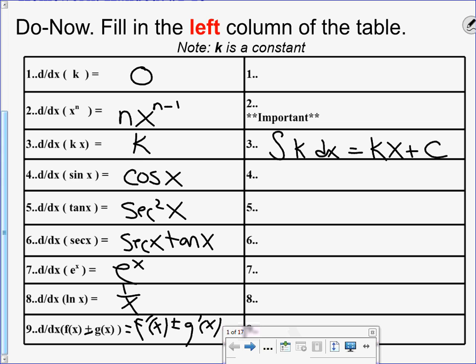Okay, we said that the derivative of sine x was equal to cosine x. Well, if that's true, then the antiderivative of cosine of x with respect to x must equal sine x. Let's see.